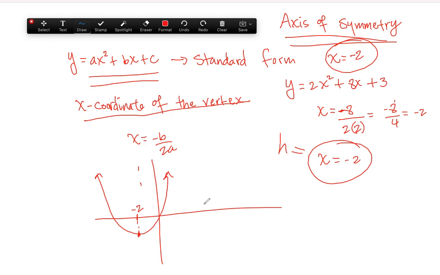And since in this case a is positive, it means that our parabola opens up. So how do you find the minimum value? We know that we're going to have a minimum value since the parabola is opening up. So what is that minimum value?